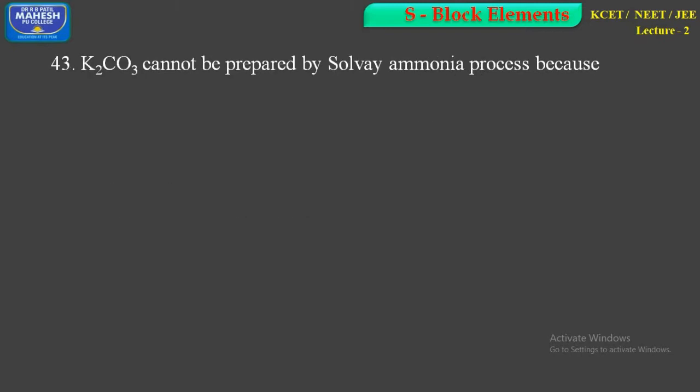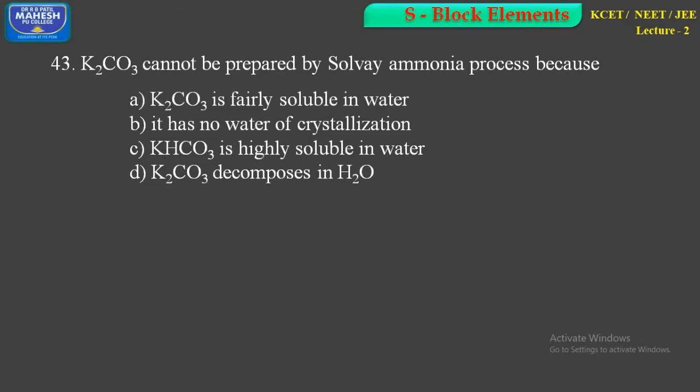Question 43. Potassium carbonate cannot be prepared by Solvay ammonia process because: option A, potassium carbonate is fairly soluble in water. Option B, it has no water of crystallization. Option C, potassium bicarbonate is highly soluble in water.